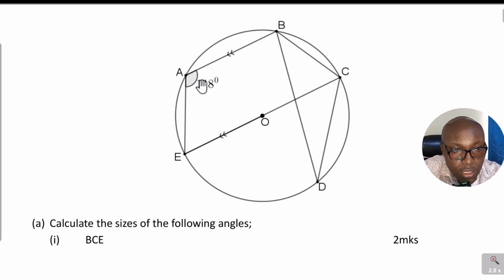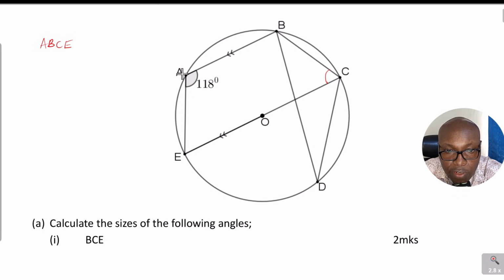Angle BCE. We identify angle BCE. So this is the angle. For you to solve this question, you need to be well equipped with all the angle properties of a circle. And when you look at this angle BCE, there's a property that you're going to use considering a certain quadrilateral that is here, quadrilateral ABCE.